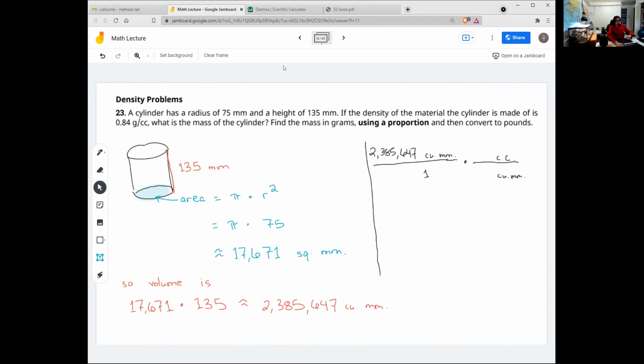Okay, so I can put that in. 1 cubic centimeter is 1,000 cubic millimeters. If I multiply that, it's going to divide by 1,000. That's just going to be the decimal scoot 3 times this way.